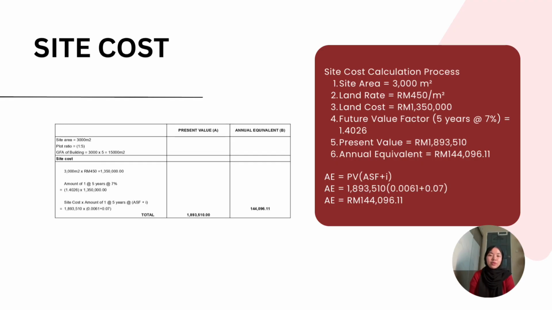Assalamualaikum, my name is Siti Nurfatana and today I will explain the site cost calculation. The site area is 3,000 square meters and the land value is 450 ringgit per square meter. So the initial site cost is calculated as 3,000 multiplied by 450 ringgit, which totals 1.35 million ringgit.